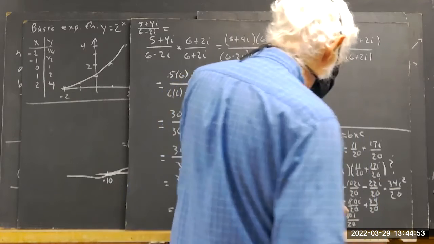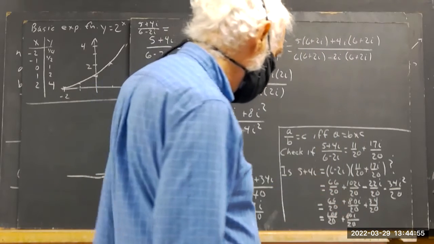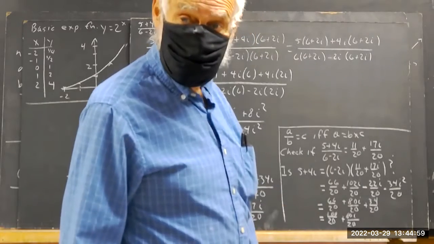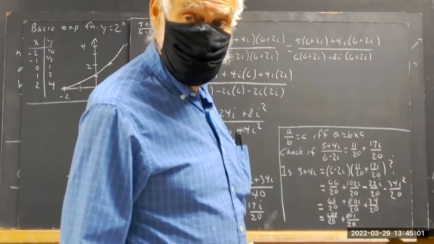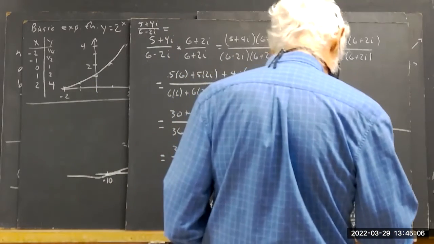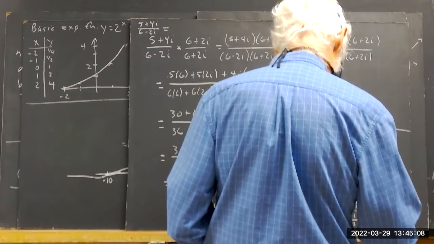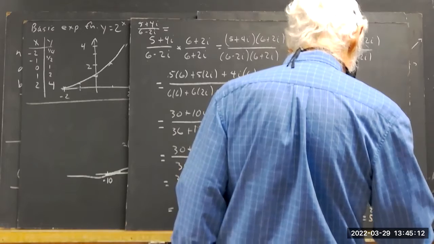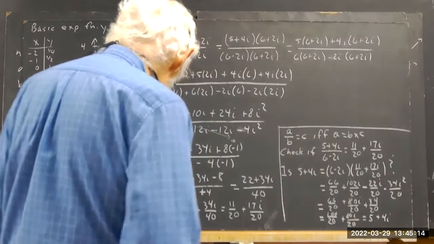Might be a little hard to read, but I just copied down my 80i over 20. Well, what's 100 over 20? Hold up fingers. 5, right? And 80 over 20 is 4. So that's 5 plus 4i.